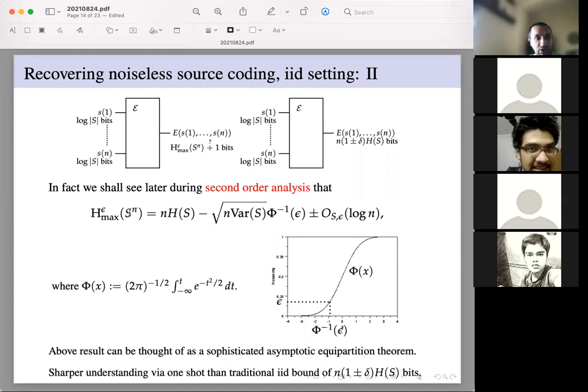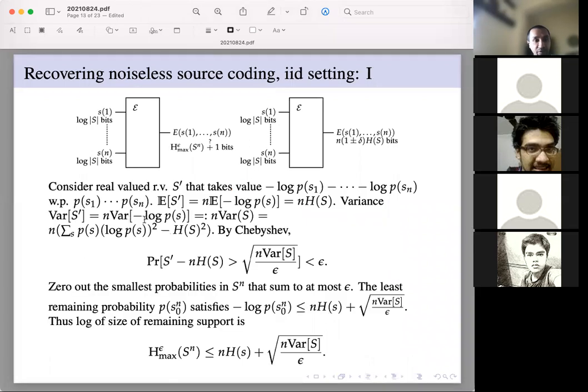So actually the notation is suggestive. If you recall, the Shannon entropy was the expected value of negative log of PS. So it's kind of like the expected value of this random variable. Then the largest value of this random variable is H epsilon max, after I do the shaving, after I throw away the trivial parts.